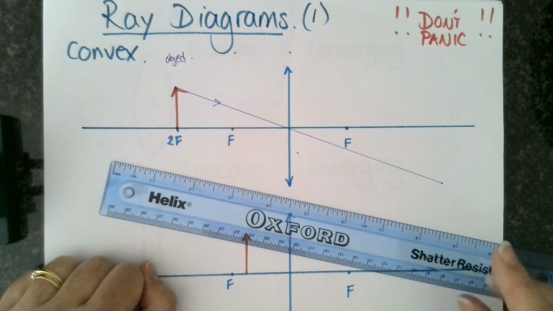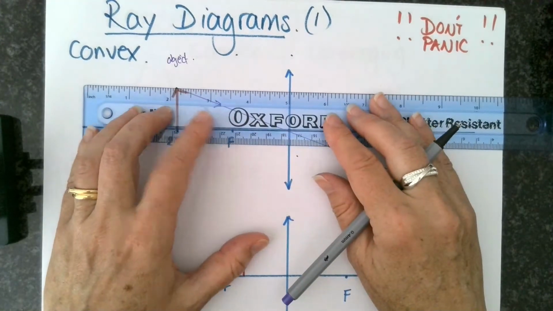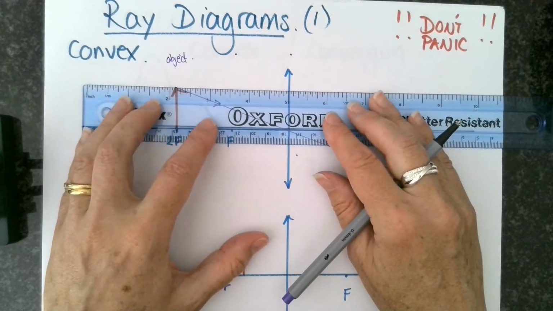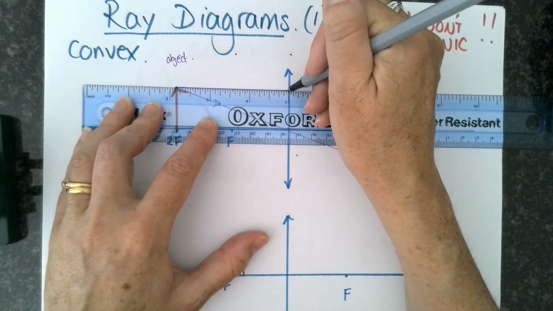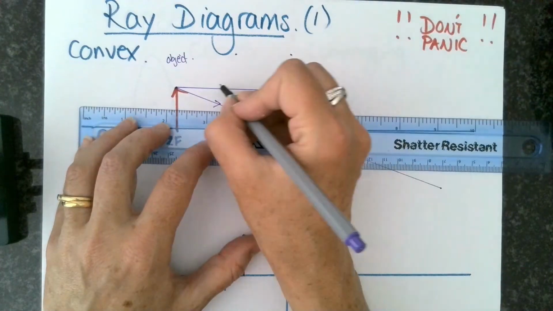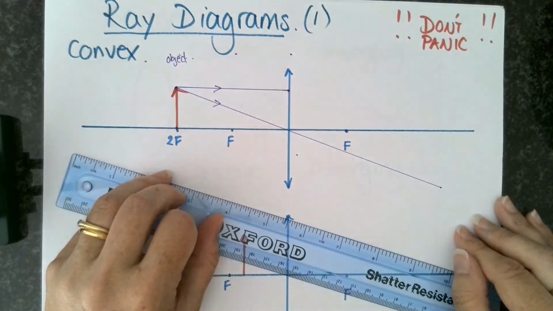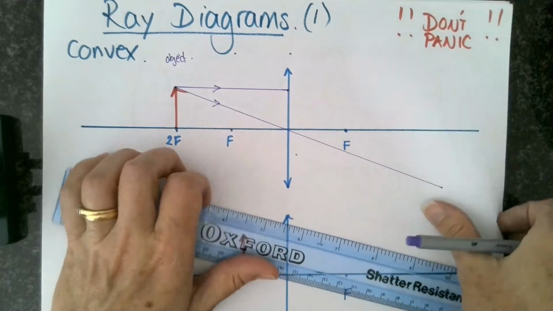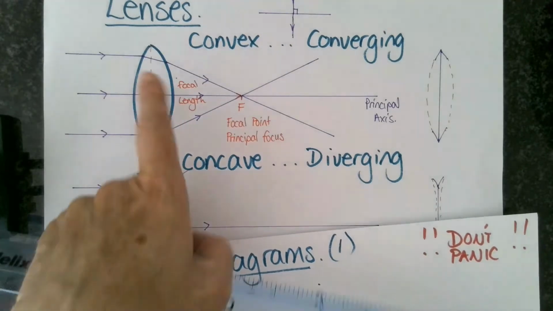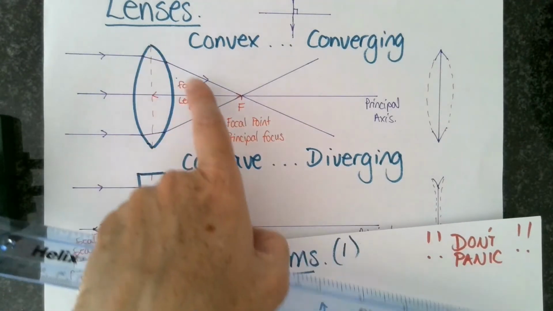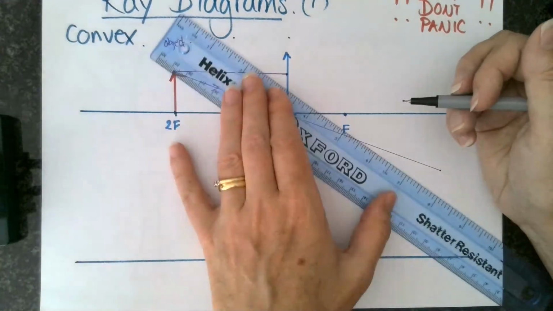The other thing we showed with the diagrams before was that light that came from a long distance away, so one of the rays of light will come and meet the lens as if it's parallel to the principal axis. Now from the diagrams that we've done before, let's have a quick look. Where does that light ray go, the one that came up? Well, it's focused through the focal point. So that's what we need to do with this ray.